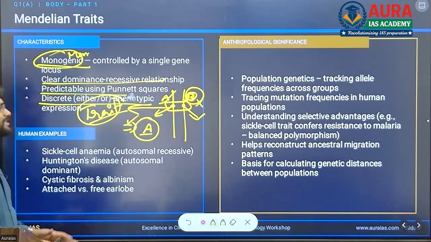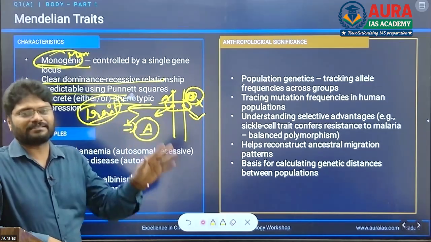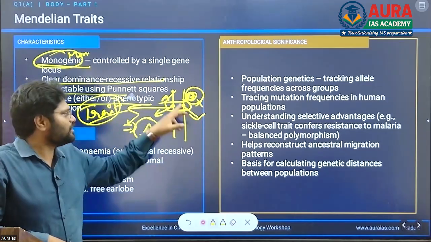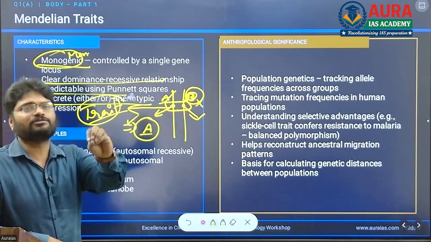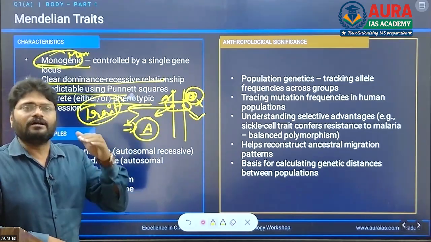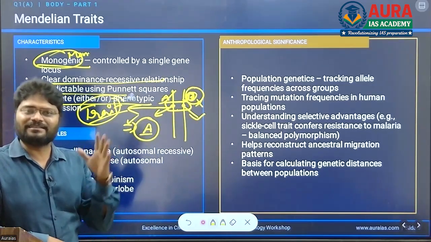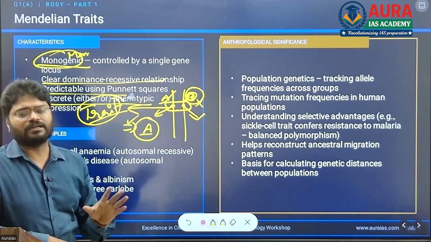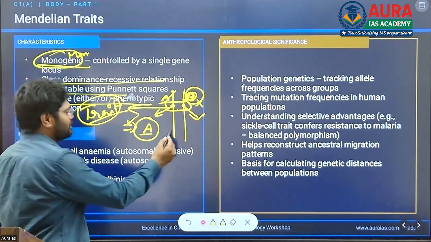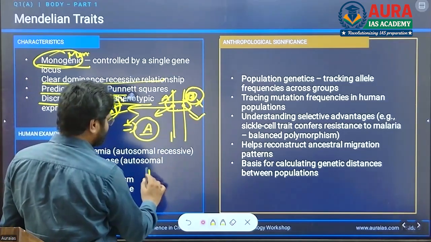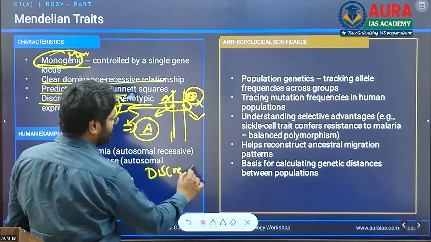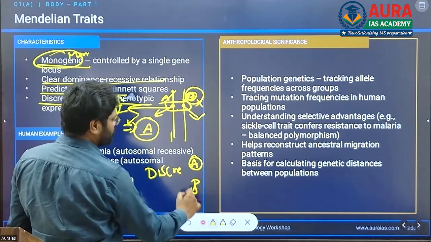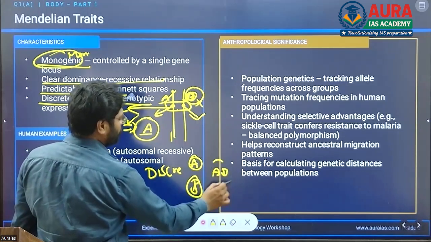Discrete means we can put persons into either-or categories. Here the locus has the A allele as well as the O allele. The person is born with either the A allele or the O allele, but not the medium. So discrete means we can put persons into A group, B group, AB group, and O group.